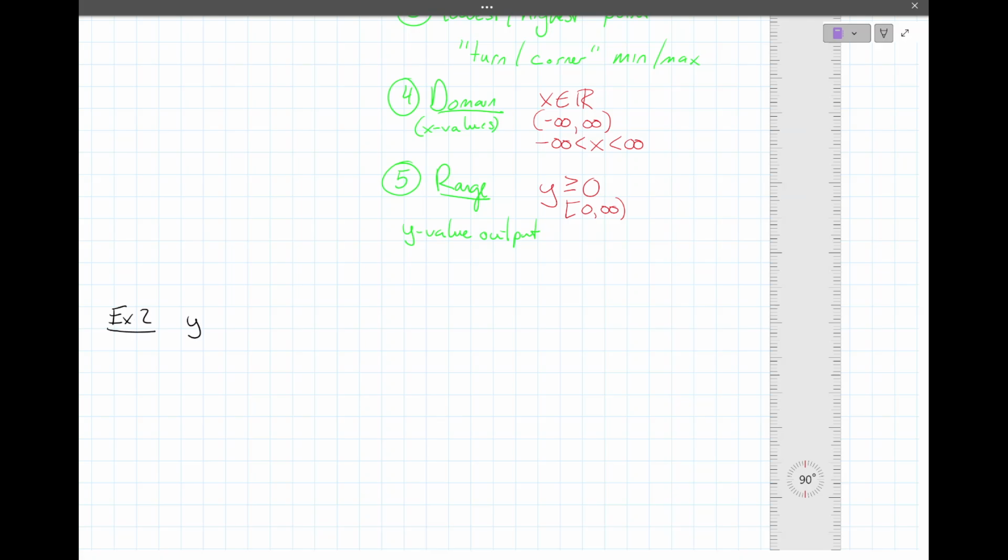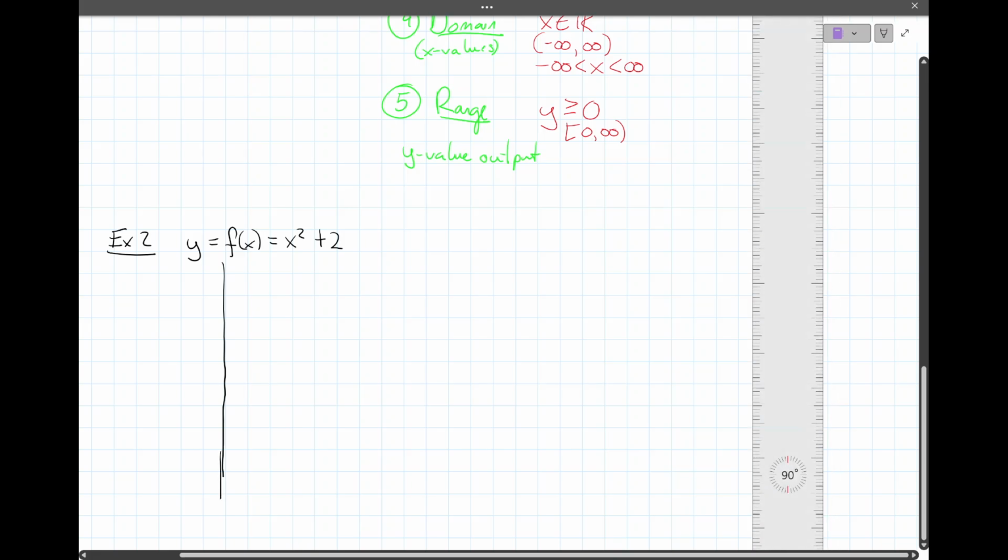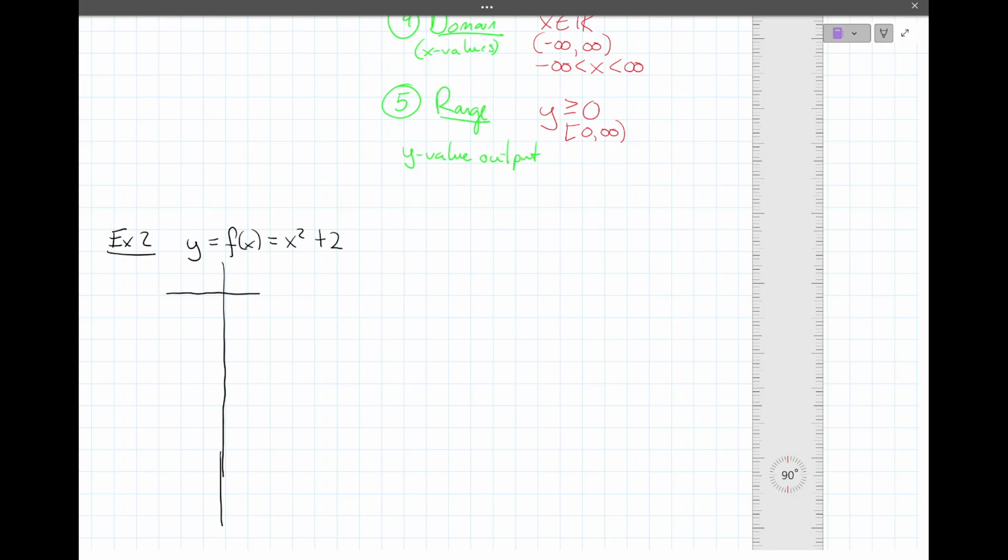And we'll go a bit quicker this time, but now we'll do y equals f of x equals x squared plus 2. So we're going to take our parabola and add 2 to every value. Let's see what happens.